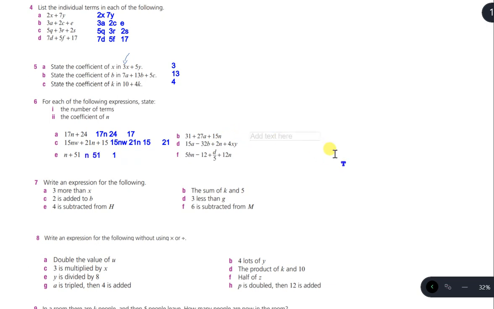For B, there will be the constant of 31, there'll be 27 lots of A, there'll be 15 lots of N, which of course means that the answer for the coefficient of N will be 15. For the next one, there's 15 lots of A, there's minus 32 lots of B, so that's minus 32 amounts of B. There will be 2 of N, there will be 4 of XY multiplied together, and the answer for how many n's there are will be 2.